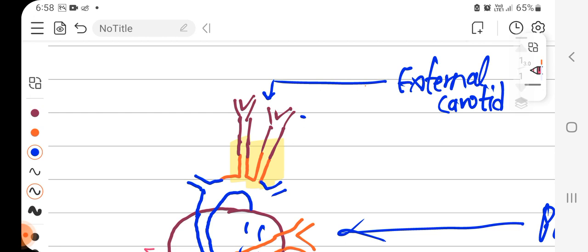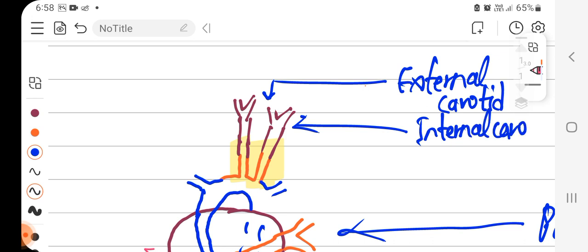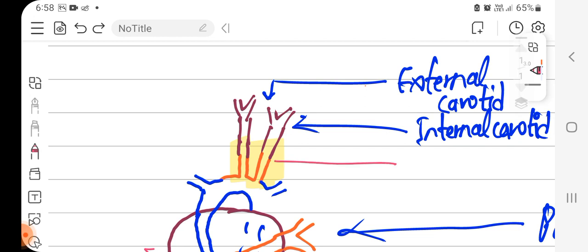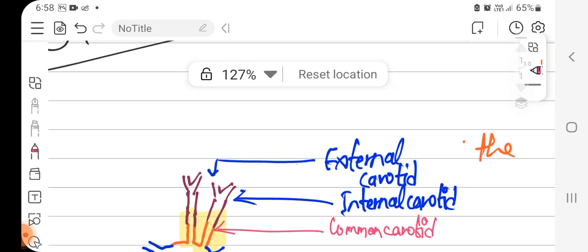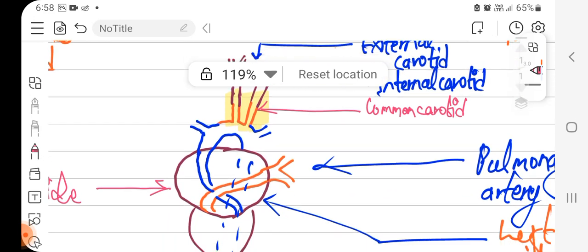Likewise, the outermost side is known as the internal carotid, and this whole part is known as the common carotid. I hope you understood this. One carotid part is done, and next we will move on.